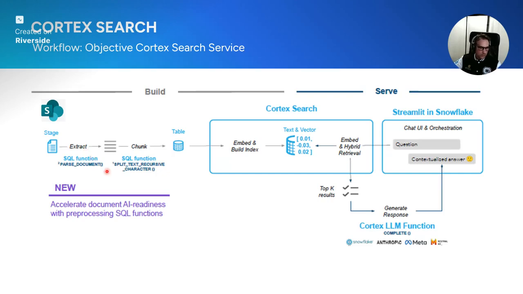How to do that? It's usually to use an extract functionality, using the parse document function that extracts information from our stage. The stage is the object that stores the different unstructured information like files, etc.